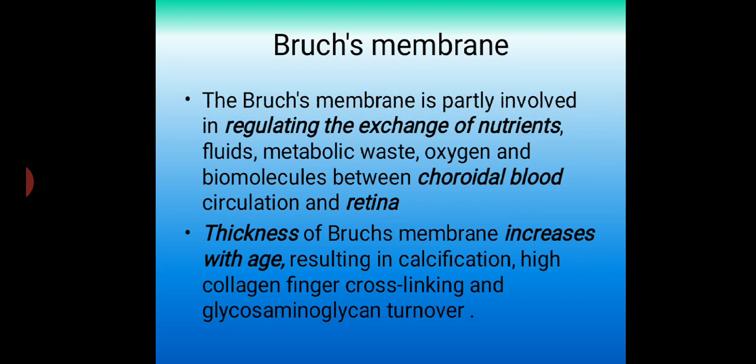As we studied in the previous year, the main barriers in our body include the blood-brain barrier and the cerebrospinal fluid barriers. Each has its own anatomy and its own purposes. The same way, Bruch's membrane helps to carry the nutrients, proteins, and oxygen into the retina.